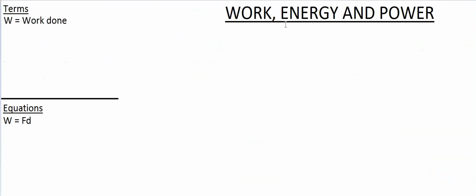First, gravitational potential energy. Okay, so the formula is mgh, m being the mass, g being the gravity, and h being the height. You can derive it this way.